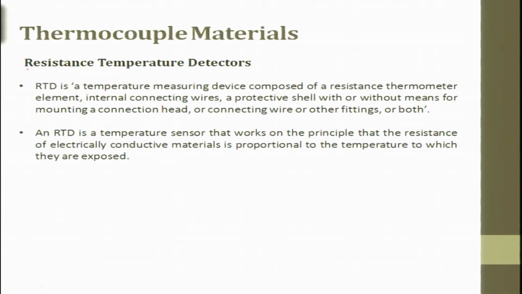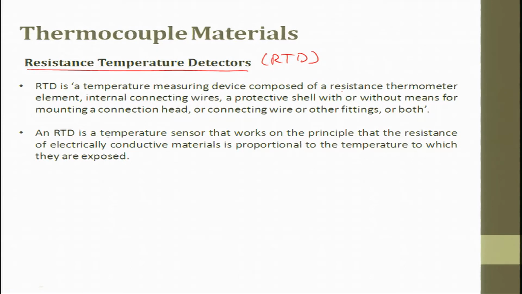We also have the resistance type detector, which is otherwise called RTD. RTD is a temperature measuring device composed of a resistance thermometer element, internal connecting wire, a protective shell with or without means for mounting a connecting head or connecting wire or other fittings or both.